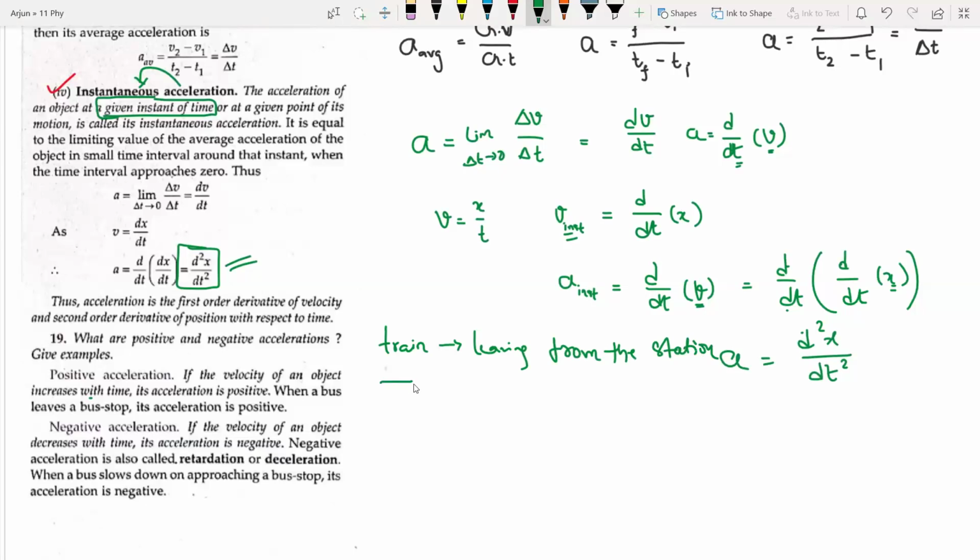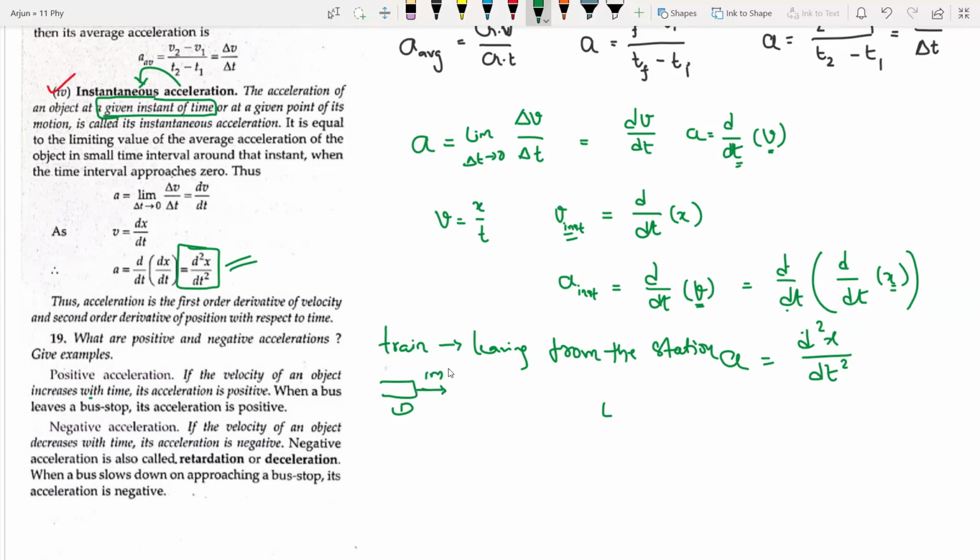Consider here there is a train and it has to leave from the station. For example, it is in Delhi and it has to go to Gujarat, Lucknow or somewhere. Let us consider. Now, train slowly, what happens? Slowly its speed will increase.